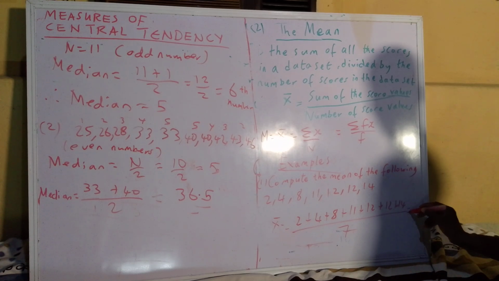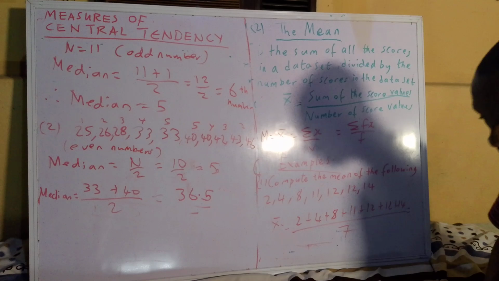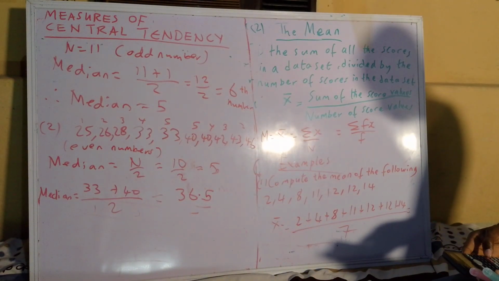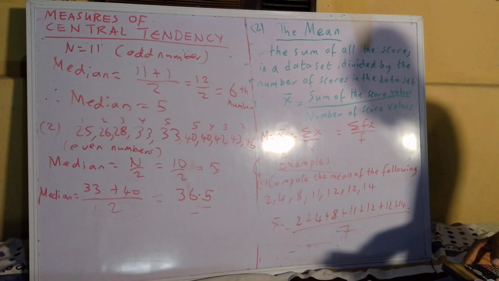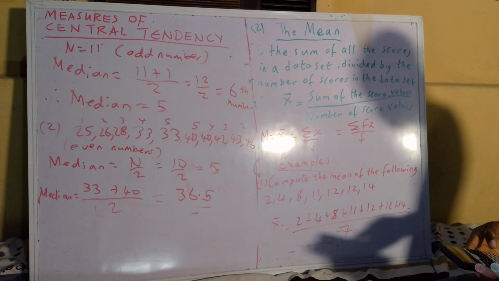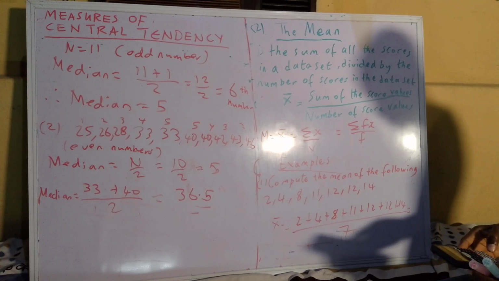So if you add all these on your calculator, what will you get? Here I got 63. 2 plus 4 plus 8 plus 11 plus 12 plus 12 plus 14 is equal to 63.